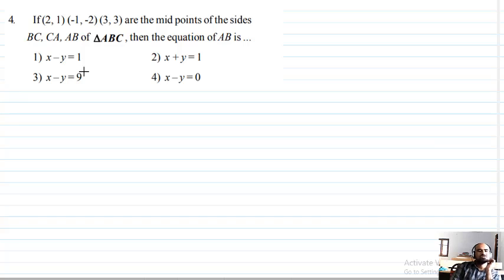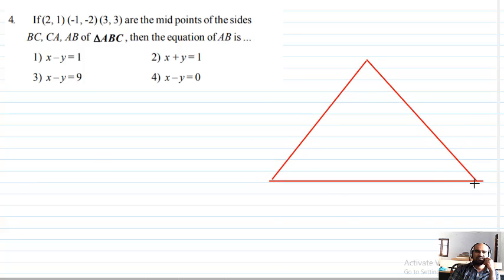Okay, fourth problem, friends. If these are the midpoints of the sides of a triangle, then find the equation of AB. Listen all of you. Here a triangle is given, the triangle ABC.